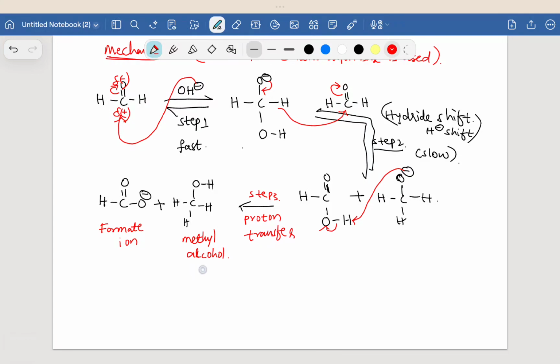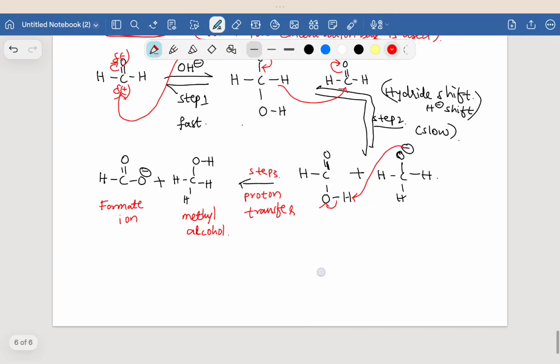Methyl alcohol got reduced, and formate ion got oxidized. From the base it will have Na plus, it will mix with Na plus, then it will form sodium salt of carboxylic acid. Now this is the first mechanism.